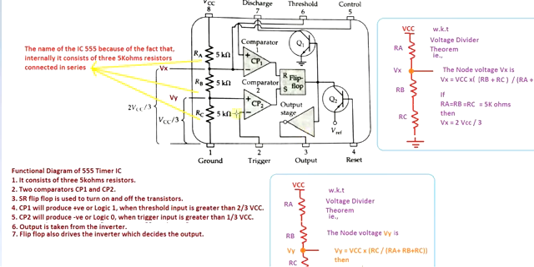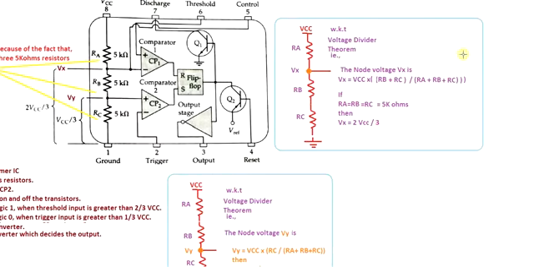Also, we need to understand how we get 2/3 VCC at the Vx node. I have done the calculation here. When I tap from the Vx point with respect to the ground, what is the voltage at this point? That can be found by applying the voltage divider theorem. We know that the node voltage Vx is the voltage across this resistance into the main supply voltage, divided by the total resistance.